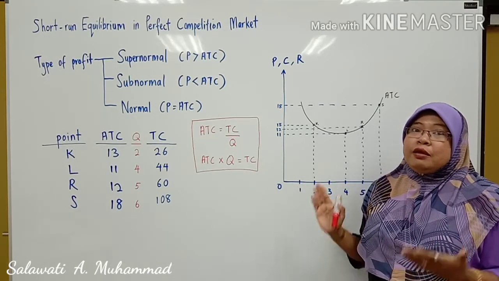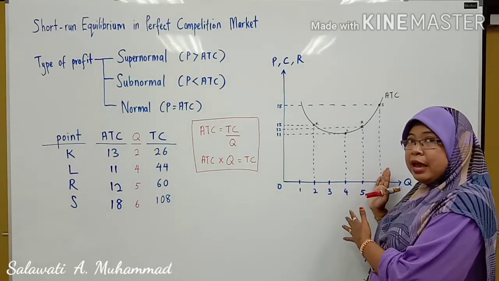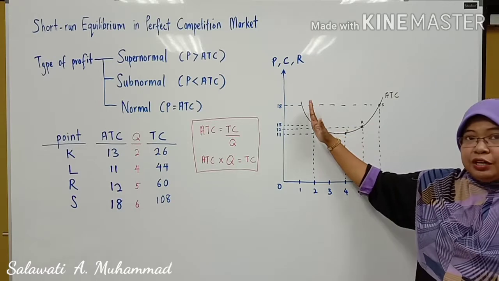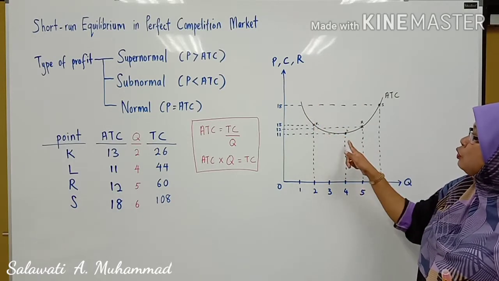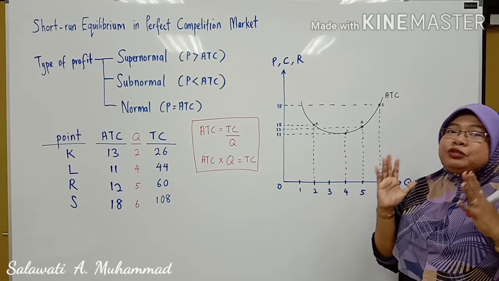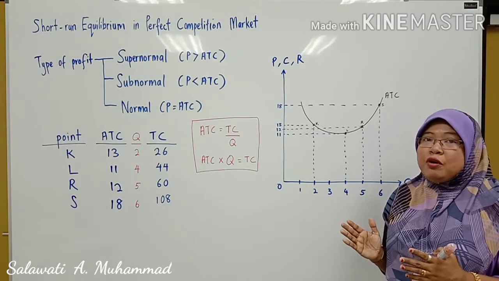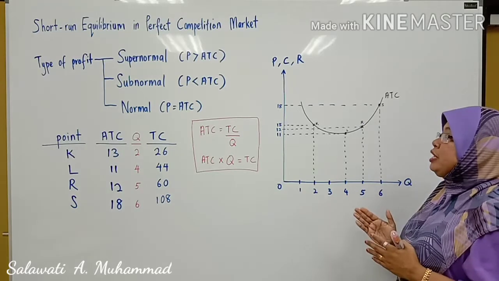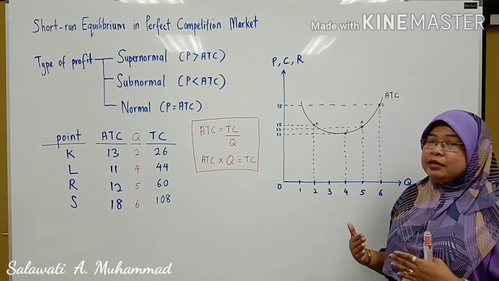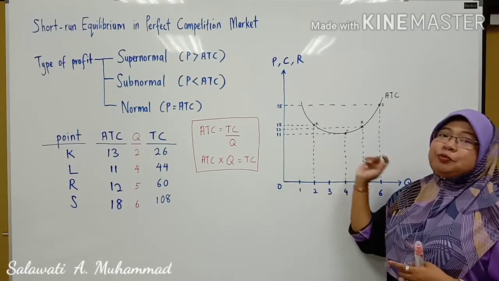How do we look at it from a diagram? We have the average total cost curve with all those points on the curve. In order to find the amount of total cost, we need to identify a square area under each point.